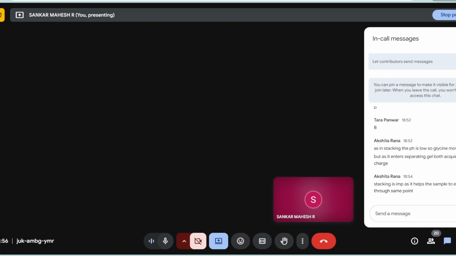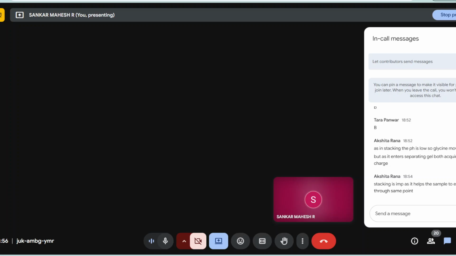So what all do we have in our running buffer? We have Tris chloride, Tris HCl, which has chloride ions. We also have glycine. These are the charged entities. So your molecule is this way. You have your protein that is linear because it is denatured. You have chloride ions and you have glycine.